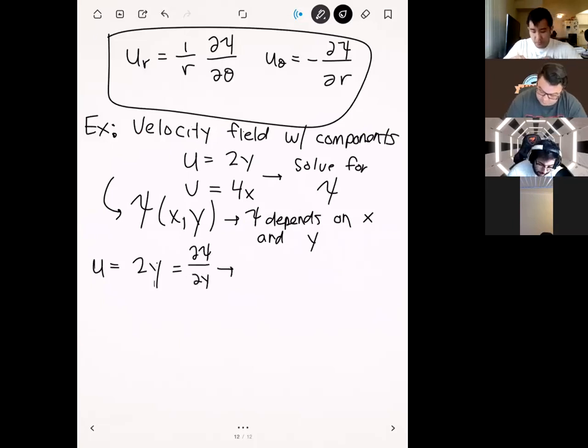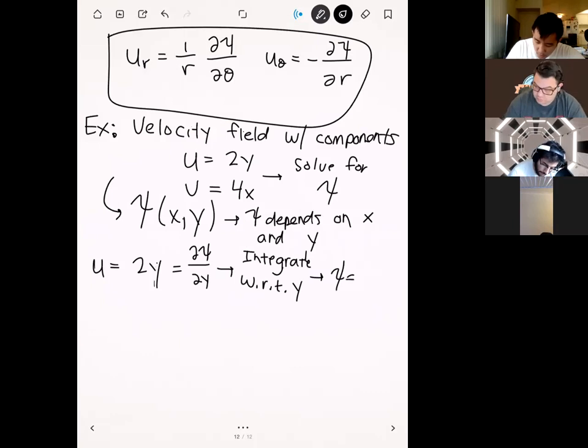And so let's integrate this with respect to y. If we integrate with respect to y, then we get y squared.